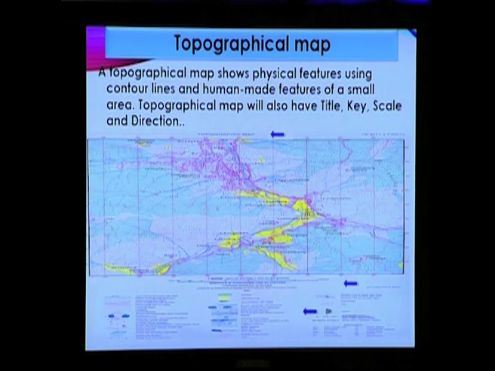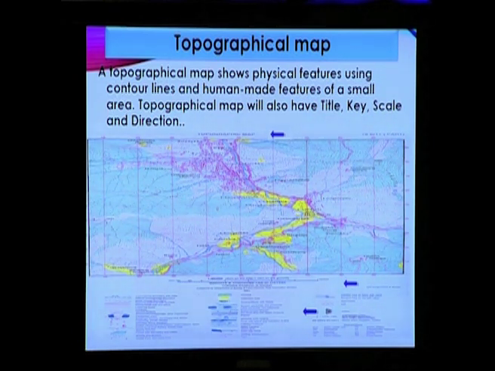Now let's look at the keys. Here if you look at the keys, there are different colors. The green color indicates vegetation or forest cover. The yellow color indicates cultivated area. Pink color, the small squares indicate buildings. Then the pink lines are a mode of transportation.